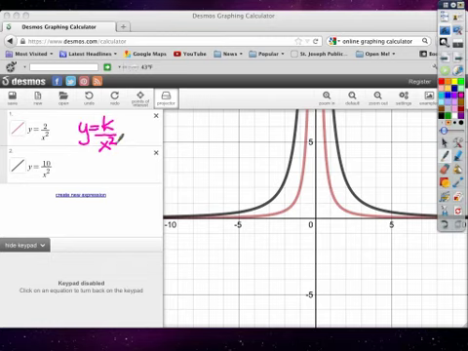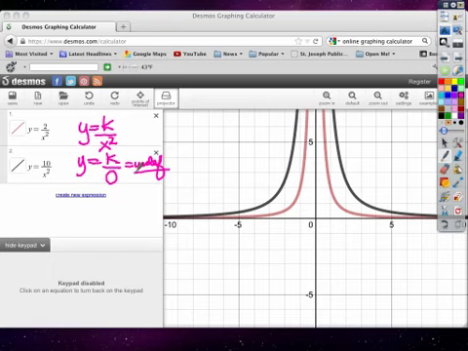Now notice again, we have that same situation where if we tried to put in a 0 for x, we'd be looking at 0 squared, which we know is 0, and anything divided by 0 is undefined. So we have that situation where you're not going to see anything graphed along the y-axis. These branches are getting closer and closer and closer to 0, but never touching, never crossing. Now again, think of your equations that you have.